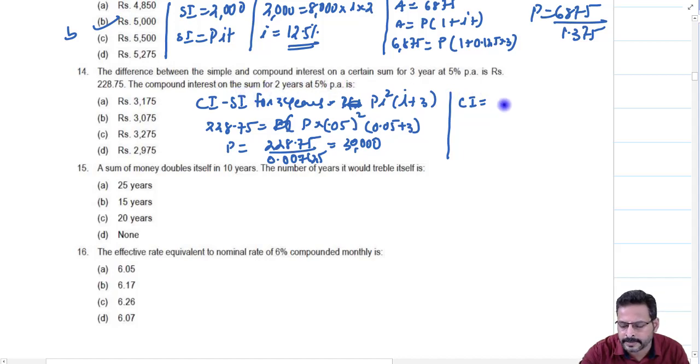So we get the sum as 30,000 for 2 years at 5%. P into 1 plus I the whole raised to n minus 1. We know that 30,000 into 1 plus I the whole raised to n: 1.05 the whole raised to 2 minus 1.